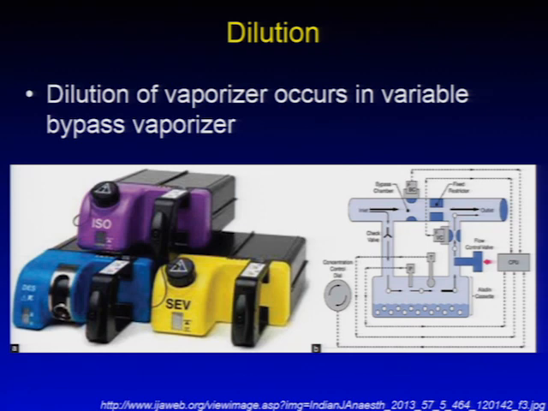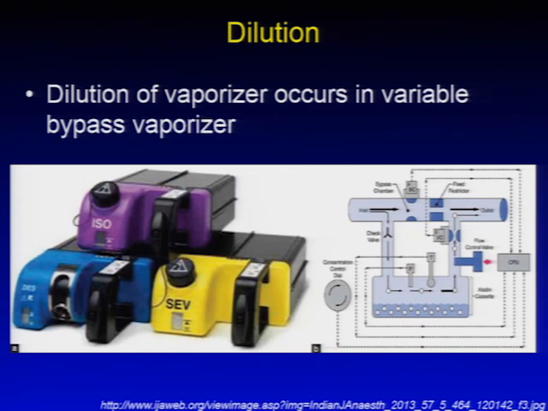Now, dilution. Dilution of the vaporizer occurs in a variable bypass vaporizer, as you can see on the left, agent-specific, as I mentioned. The diagram on the right side shows the mechanism of the variable bypass vaporizer.